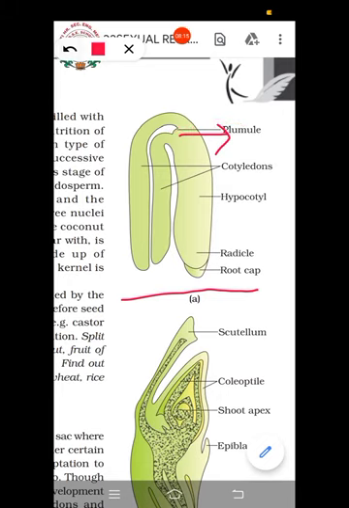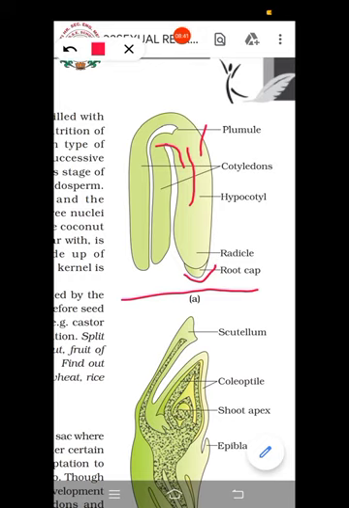Then the part which is just below the point of attachment of the cotyledons is known as hypocotyl, and it ends in a structure known as radicle. This radicle will give rise to roots, and this radicle will be protected by a root cap. Why?